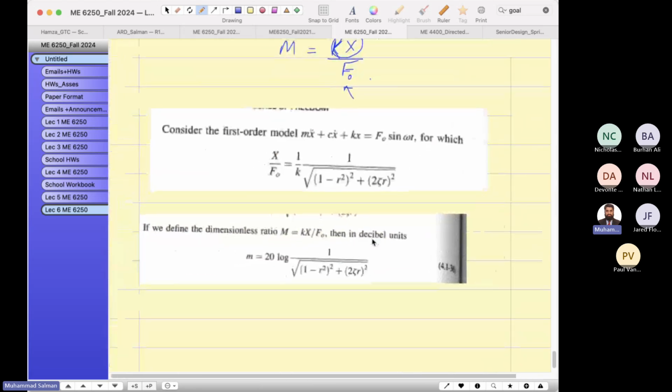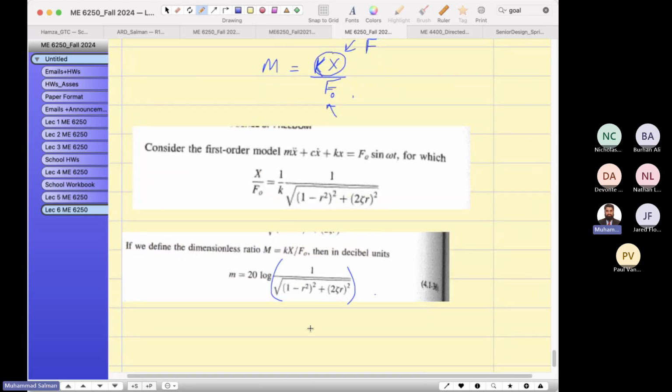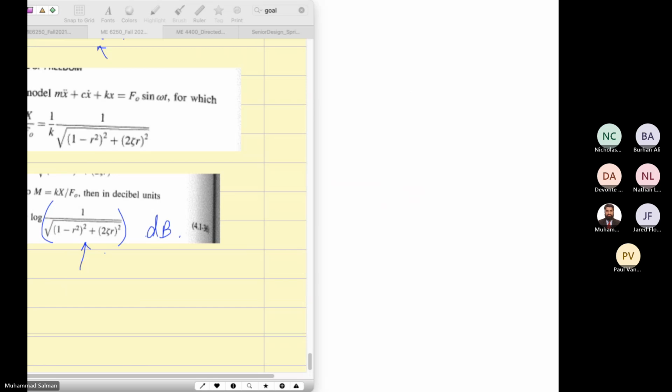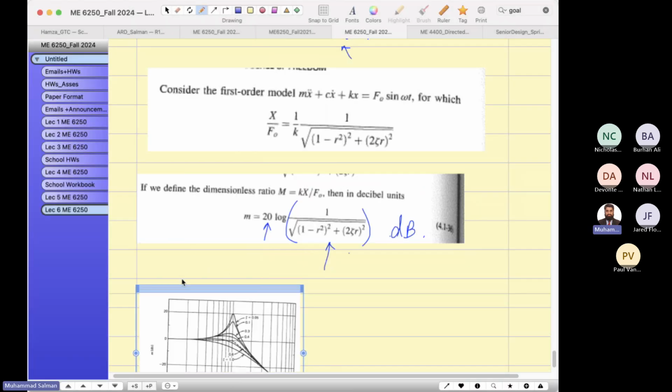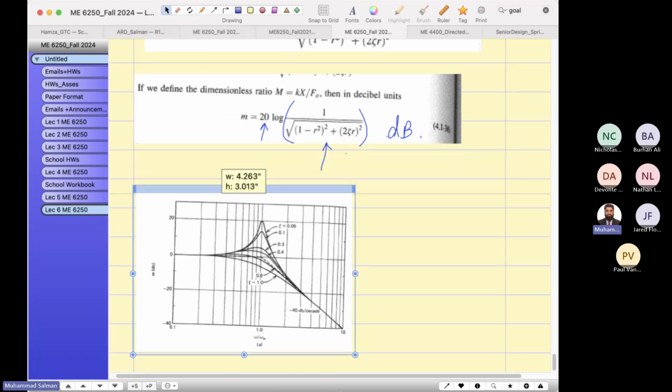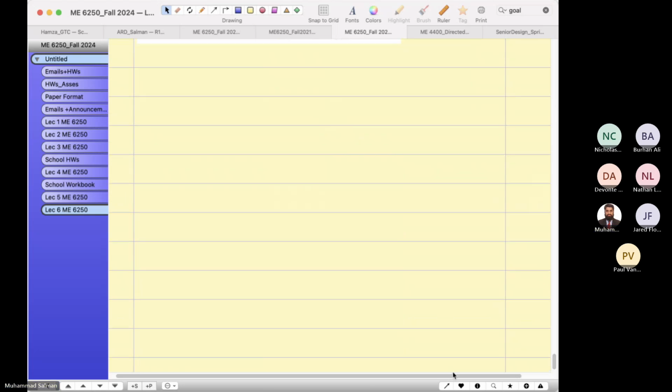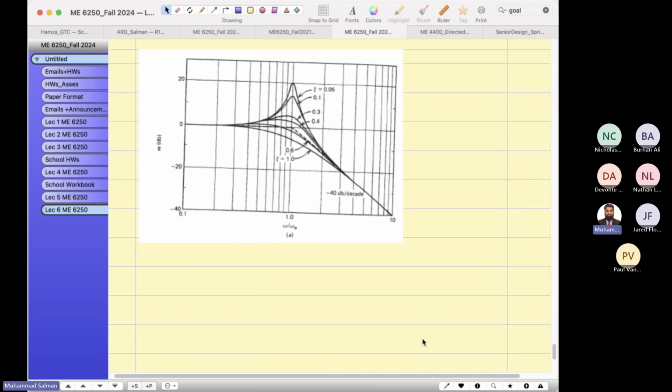If you take the log of this formula and multiply by 20, the answer will be in dBs. And how would you draw the plot in dBs? I want to show you the magnitude plot. I have made a small video on YouTube on how to draw the Bode plot. I can share the link with you. How to find out the dB value of the magnitude or the corner frequency?